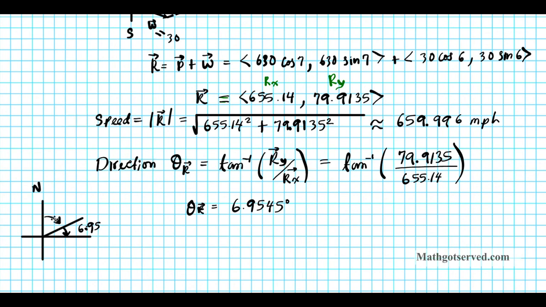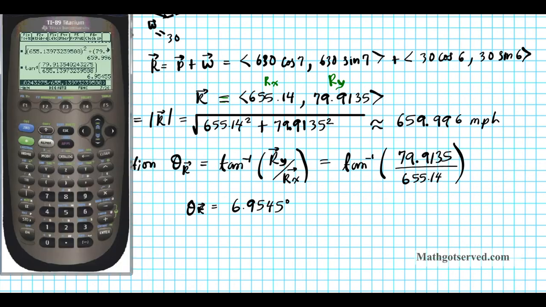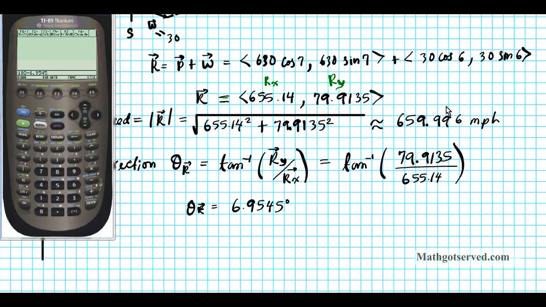To get the bearing from the north, we'll simply subtract our answer from 180, right? So 180 minus our answer. Actually, let's see, we're supposed to subtract it from 90 degrees, not 180.